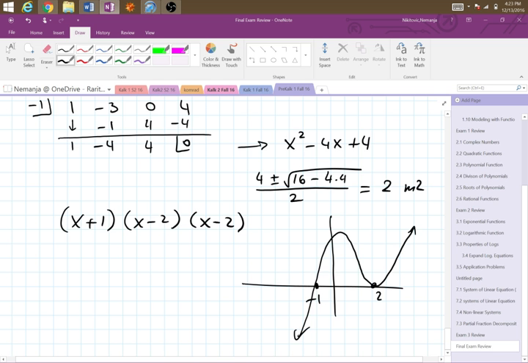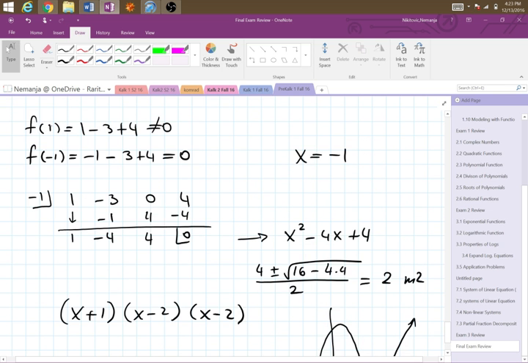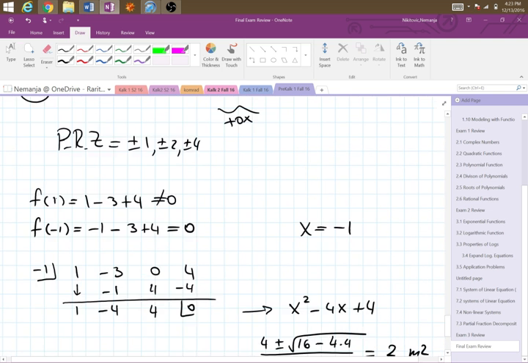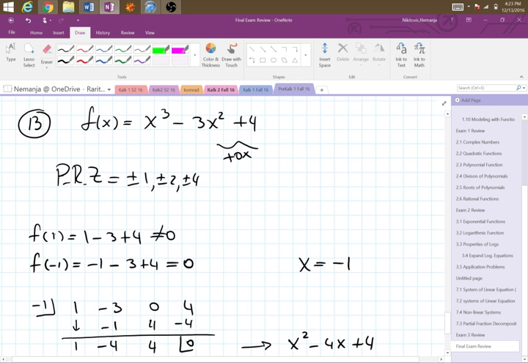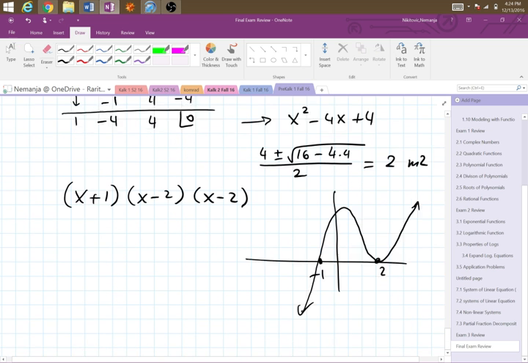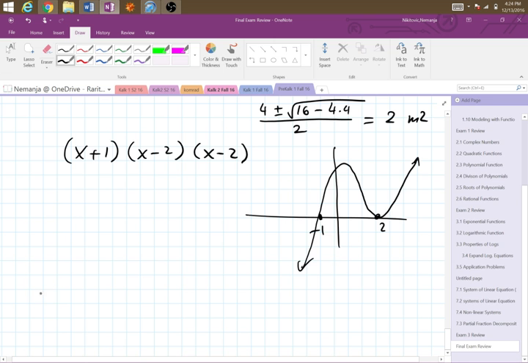And since you're sketching it, you don't need to find the y-intercept. But you could. Oh, actually, wait. It is 4. This is the graph from before. Because y-intercept is when x is equal to 0. That kills x cubed and x squared. Right? So it is a 4 there.